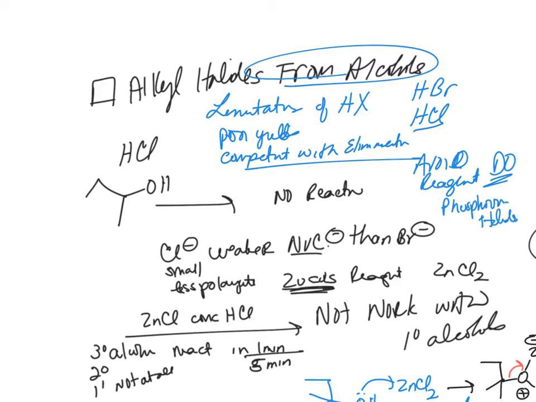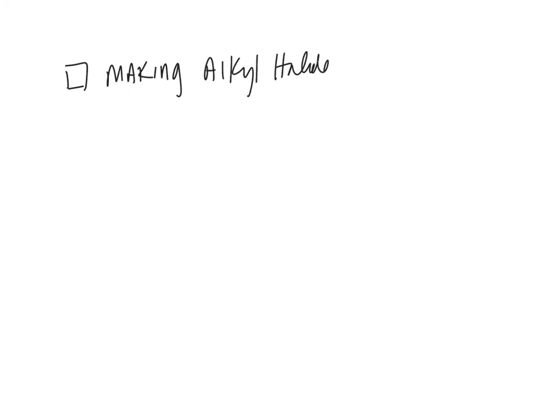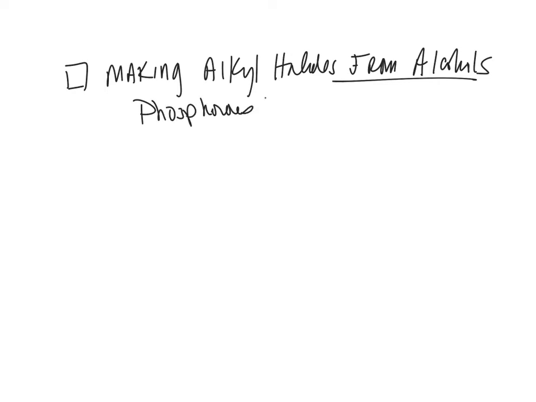And so let's look at those reactions. Okay, so we're still making alkyl halides from alcohols. And I'm telling you to use phosphorus halides. So you get good yields with primary and secondary alcohols.